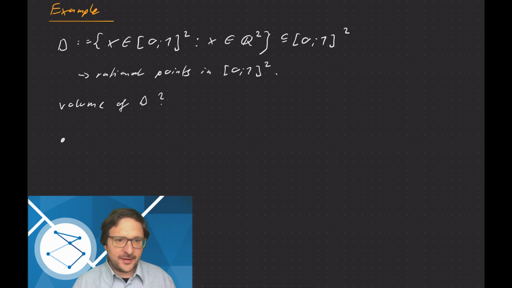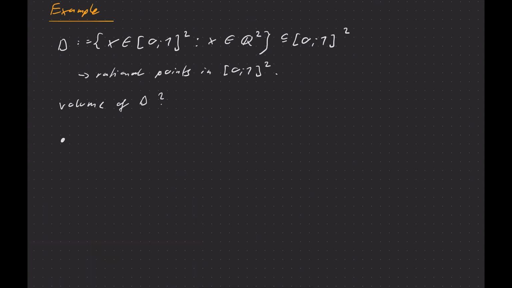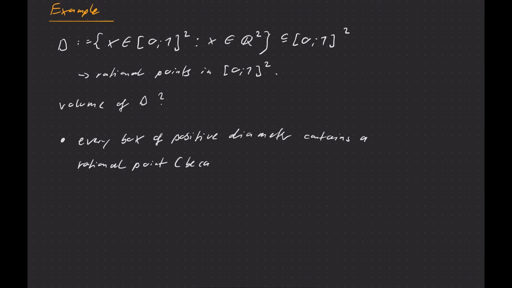I already mentioned that every box of positive diameter that is contained in that set D contains a rational point, because the rationals are dense in the reals.